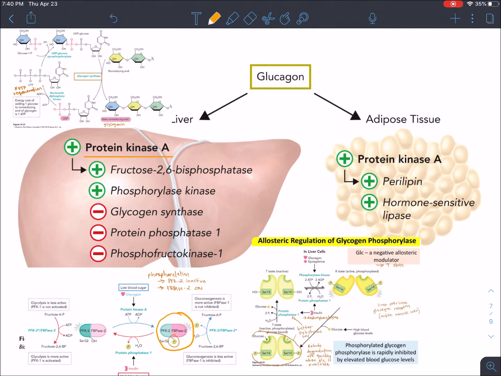The phosphorylation of this enzyme means the FBPase portion of it becomes activated, and this ultimately leads to the activation, or at least the non-inhibition, of FBPase1, which means that fructose 2,6-bisphosphate is activated and can participate in gluconeogenesis.